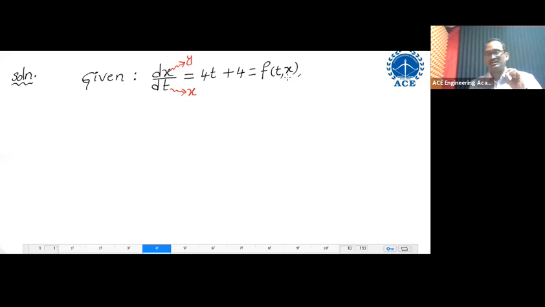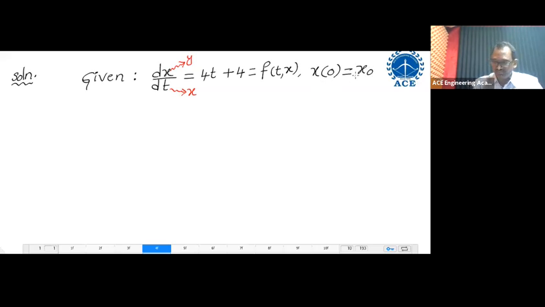What is the initial condition? y of x naught is equal to y naught. Y means x, x naught means t naught, and t naught means 0, is equal to x naught.